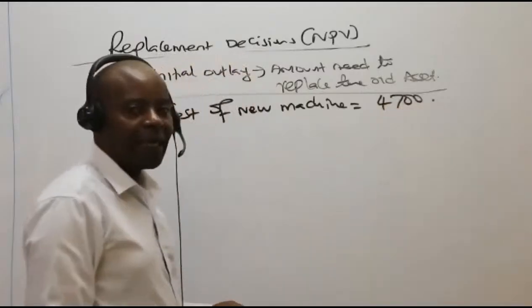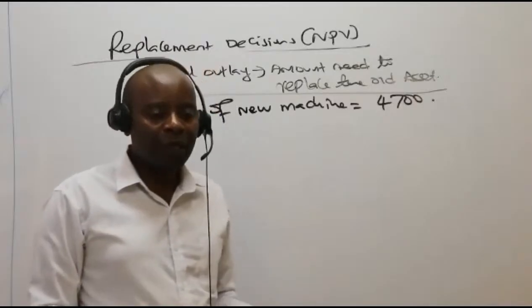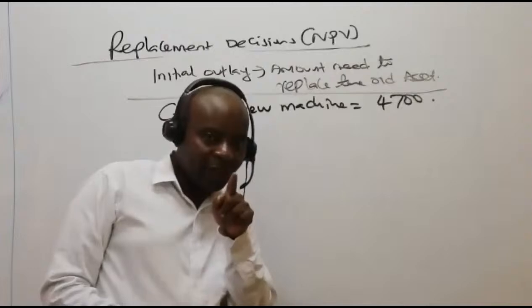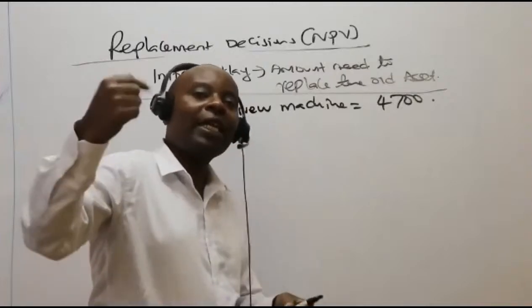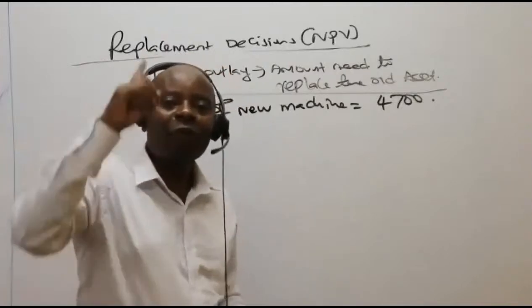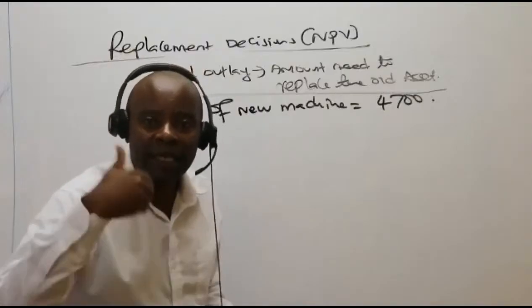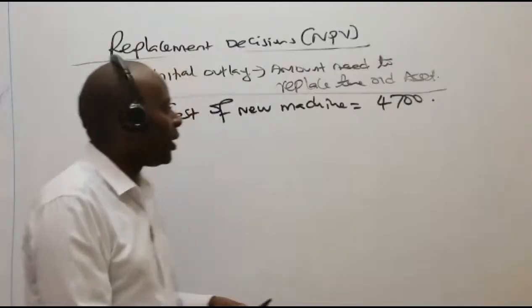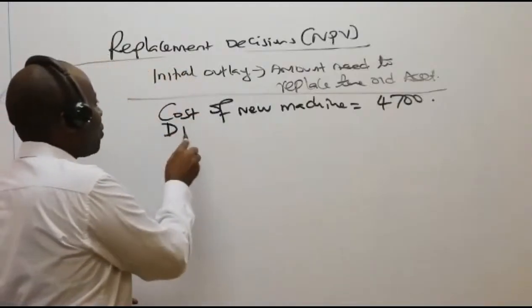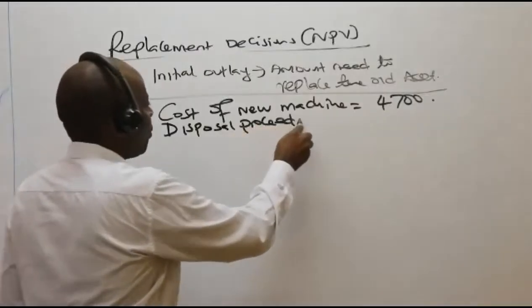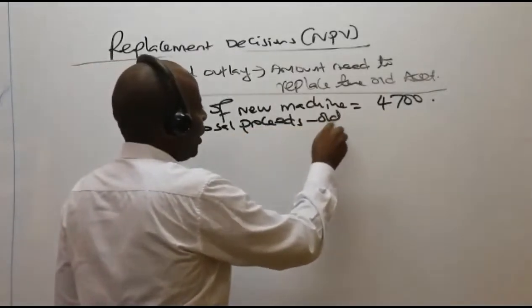Ladies and gentlemen, remember straight away, as I procure this new machine, I'm going to get a relief. A relief of what? I'm going to get some amount out of selling the old asset. So give us the disposal proceeds of the old machine.